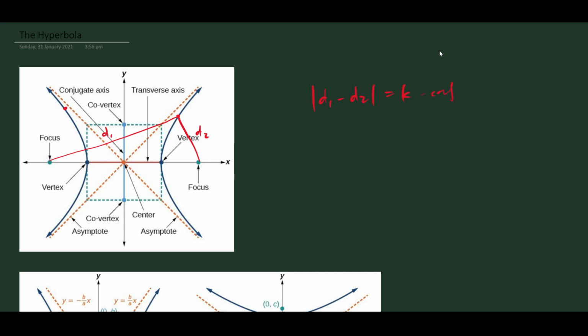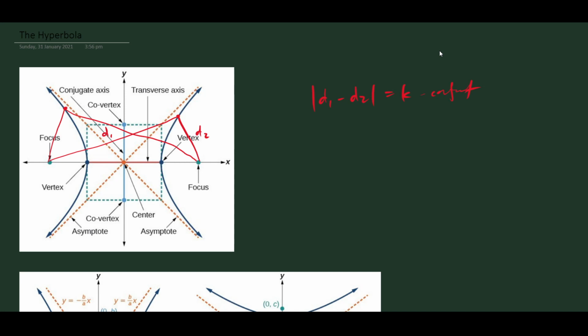We're using the absolute value here because we also have another curve right here, and it could be negative. But distance is a magnitude, so it is a scalar value, so we need to take the absolute value for that. So that is the definition of a hyperbola.